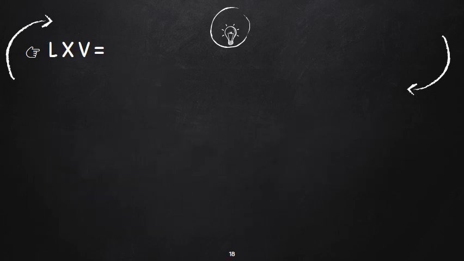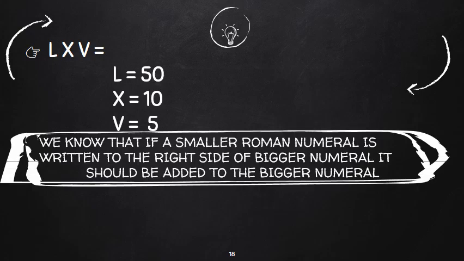Now let's take the third example. Here the Roman numeral is LXV. The value of L is 50, the value of Roman numeral X is 10, and the value of Roman numeral V is 5.